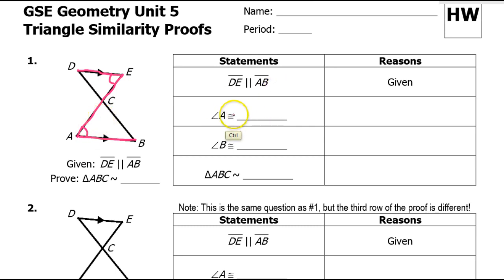So right there, I know that angle A is going to be congruent to angle E. And the reason is the alternate interior angles theorem, which simply says that if the lines are parallel, alternate interior angles are congruent. But that's a quick way to say it.